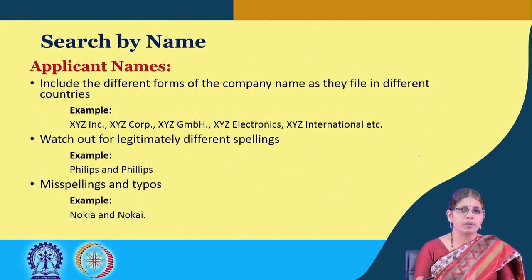If you look at some of the subscribed databases, you can actually give an option. For instance, you may give the name of an assignee, and you may ask for all the different alternate ways in which it could be represented as one set, and that would be what is called the assignee list. So, you can create that particular assignee name list and then load it into the database.